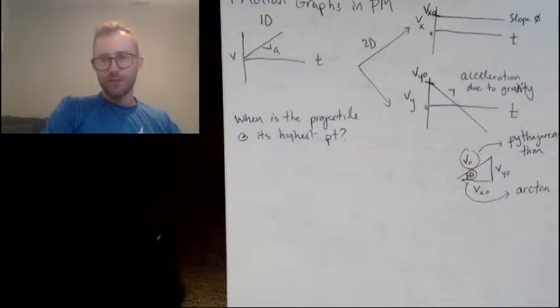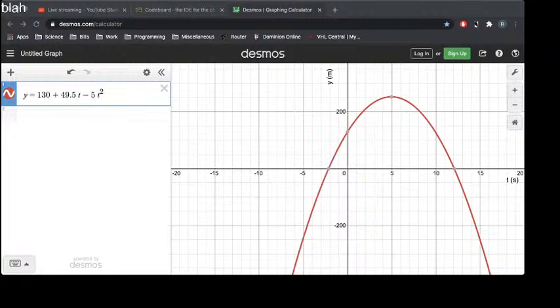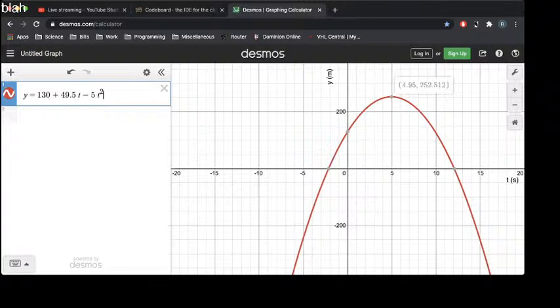It wasn't half the time. You got to be a little bit careful. It's not half the time if it's an asymmetrical problem. So like consider this Desmos problem that we just did. It reaches its apex at around 5 seconds. Okay?